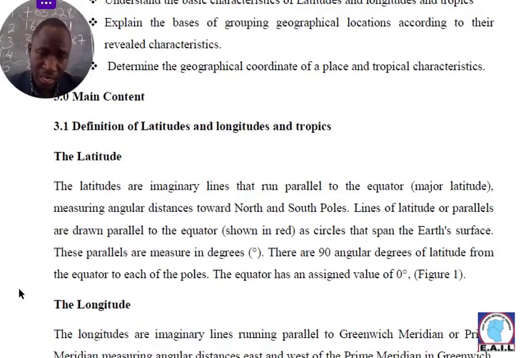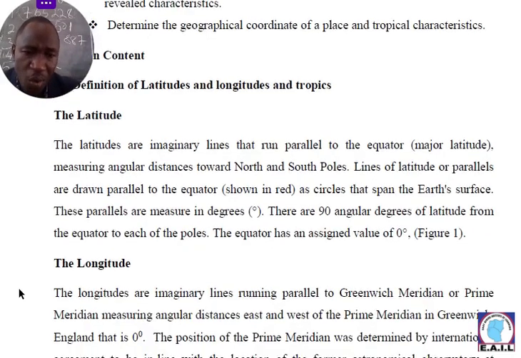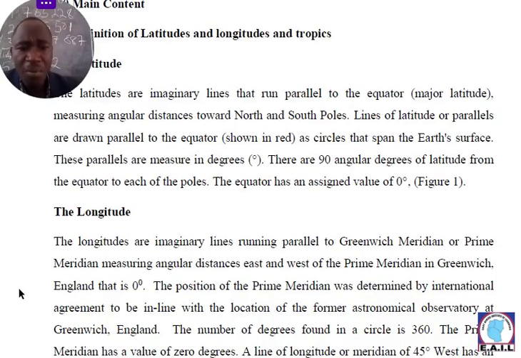That is the latitude. When you look at the longitudes, these are imaginary lines that run parallel to the Greenwich or the prime meridian. However, somebody can say that these are marginal lines that run from north to south.